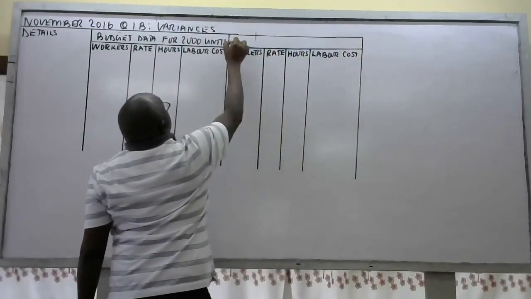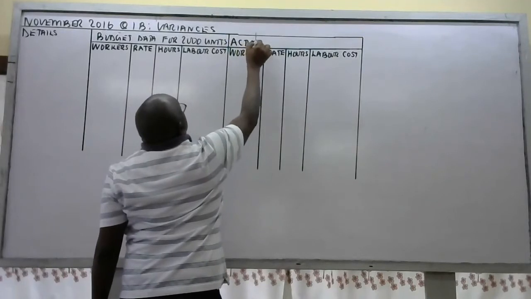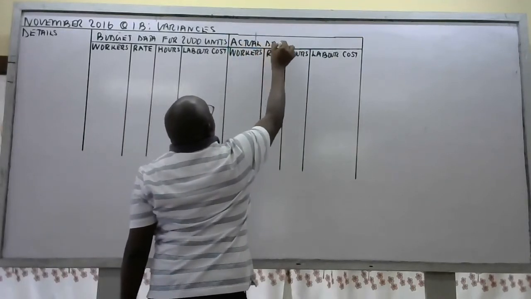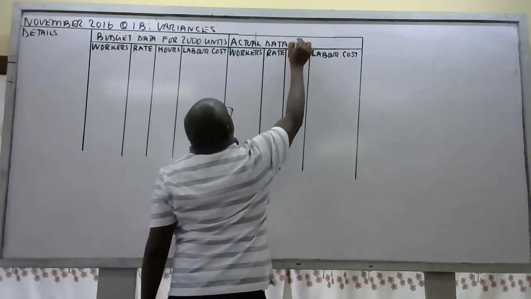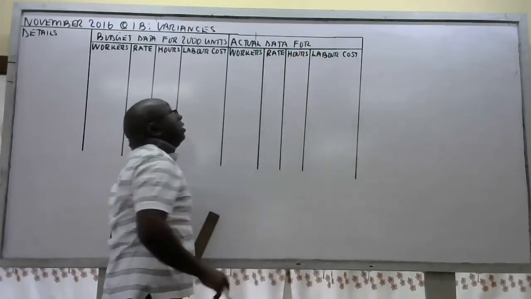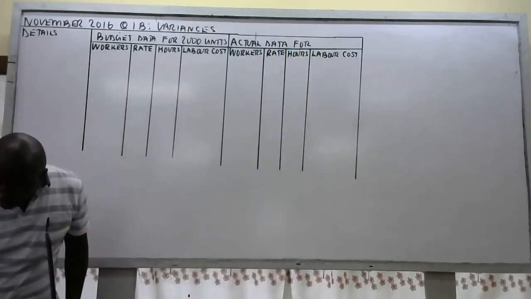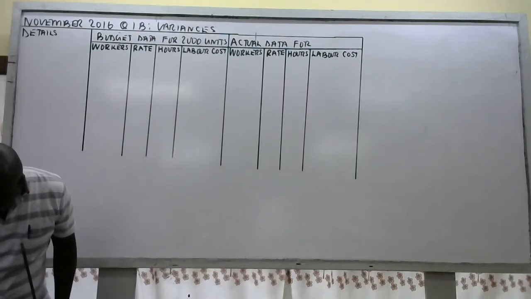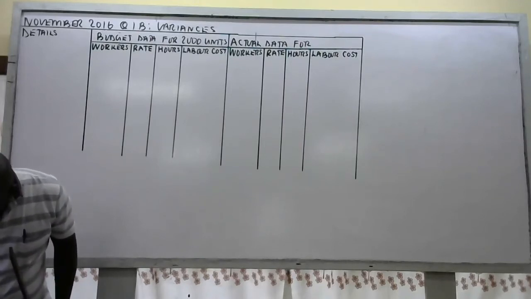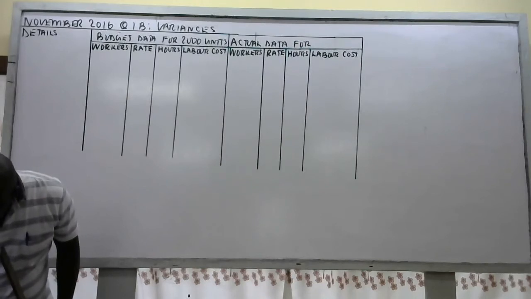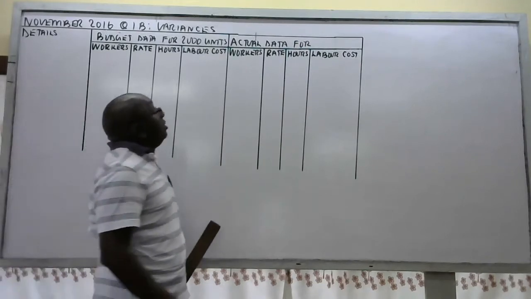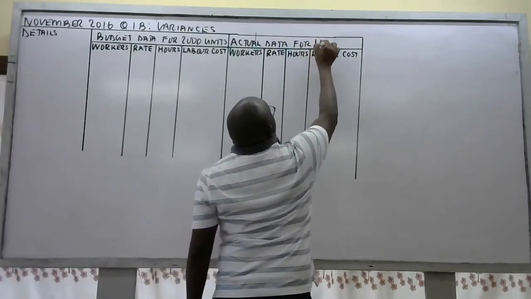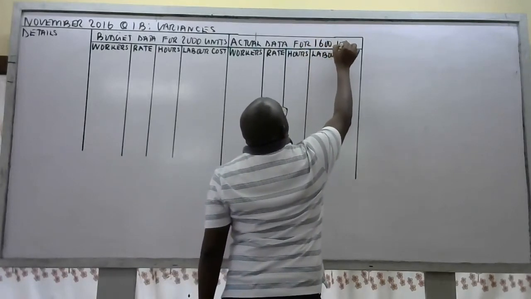So this is actual data, for how many units were actually produced according to information, for 1,600 units.